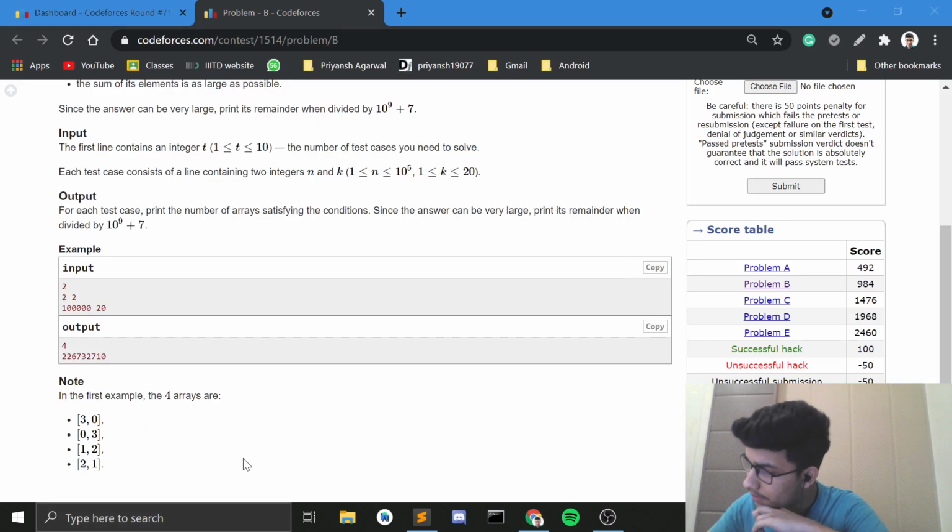So we can select n minus 1 from these n.